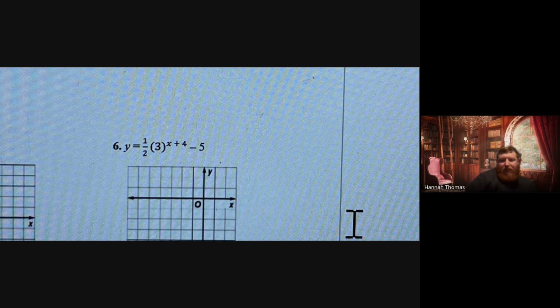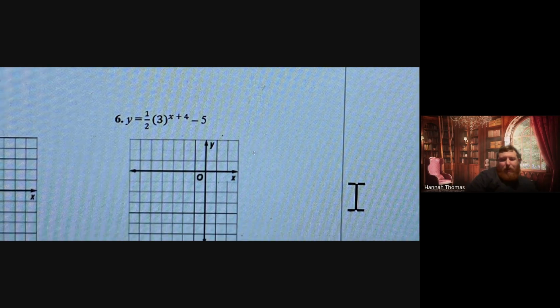So it's going to cross the y-axis at 40.5. That does nobody any good. So you're probably going to want to go with things that are going to limit that.